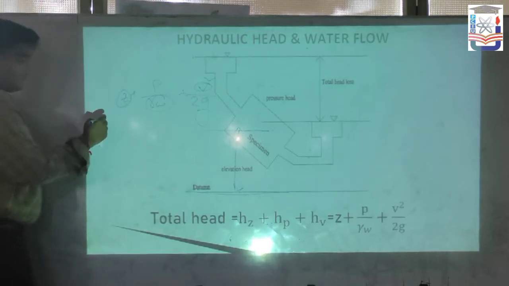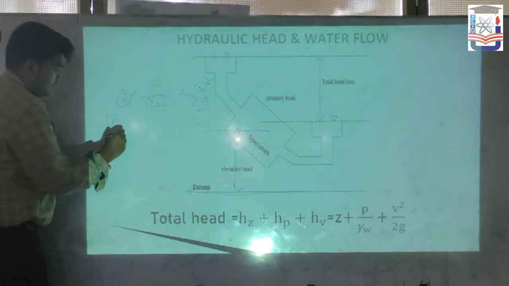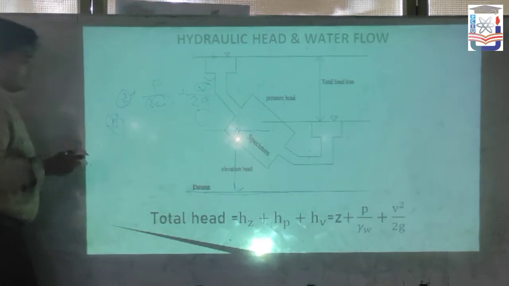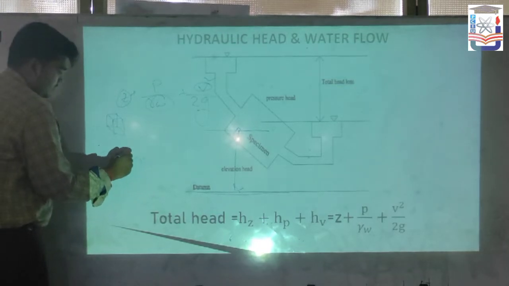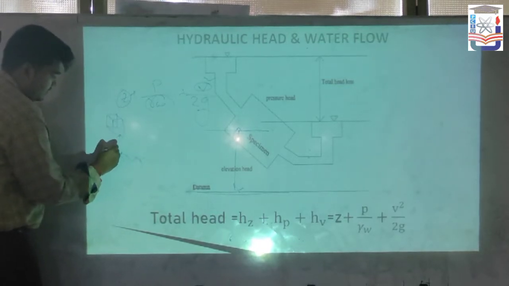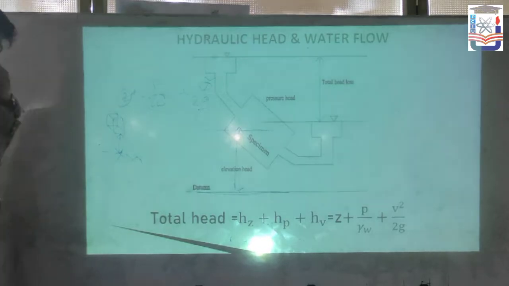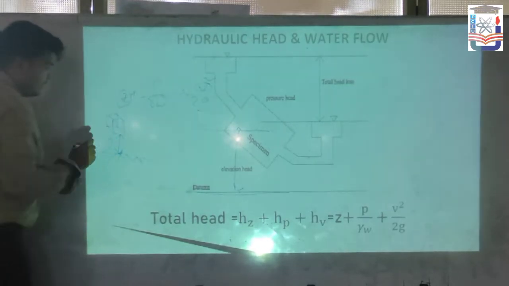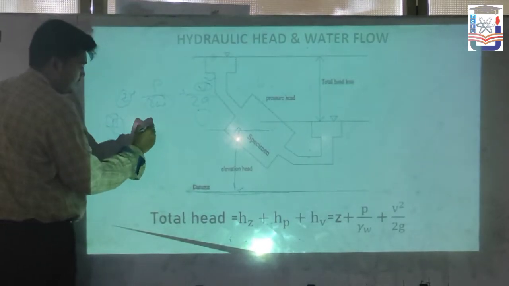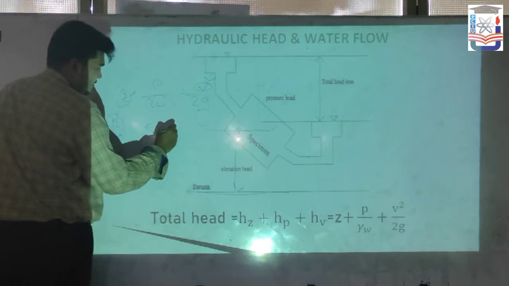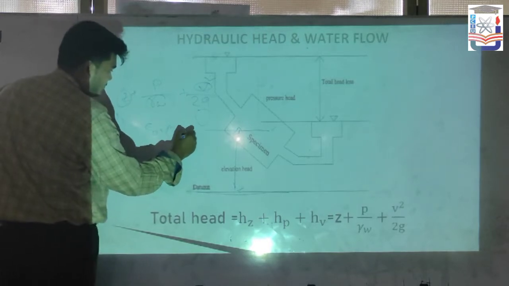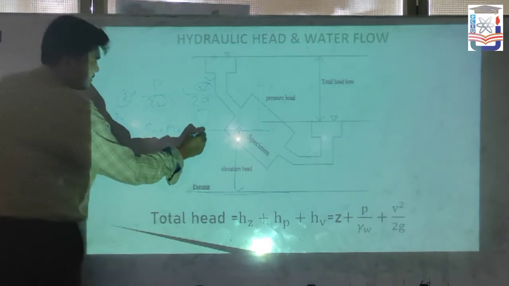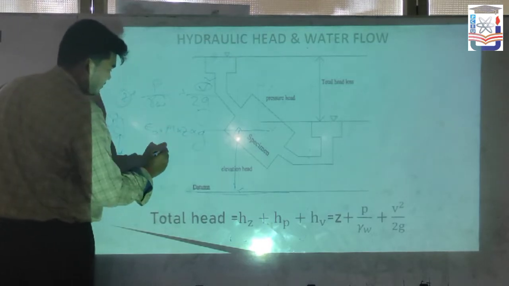If we take a block of water, and here is the datum, and its height is Z, then the energy is mass times g times Z, the gravitational force.